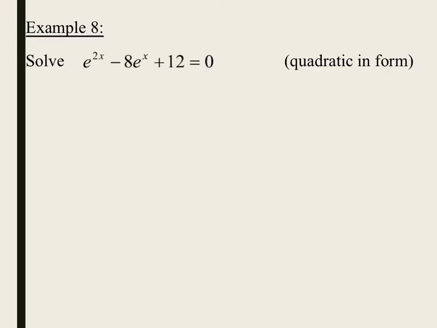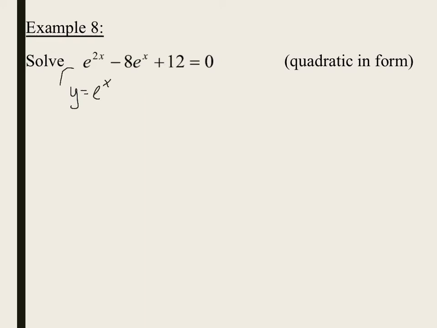So now we have something in quadratic form. We have e to the 2x minus 8e to the x plus 12 is equal to 0. When we see something like this form, we usually use substitution. So in this particular case, I'm going to let y equal e to the x.